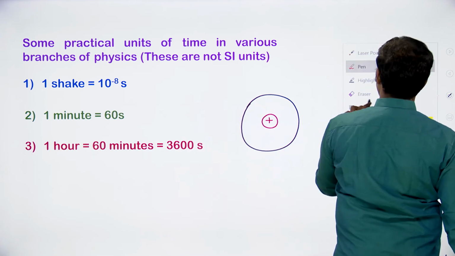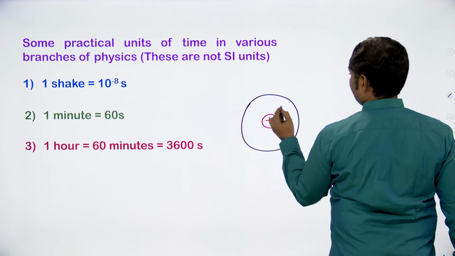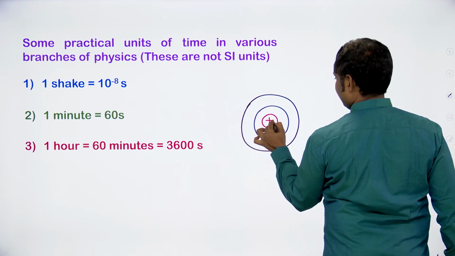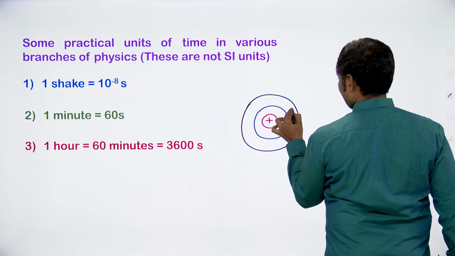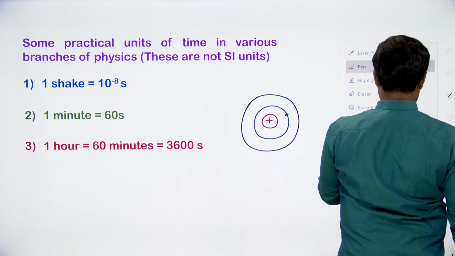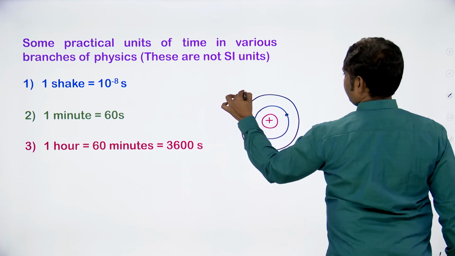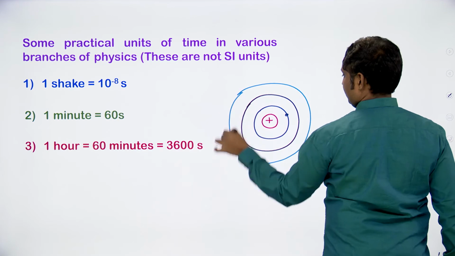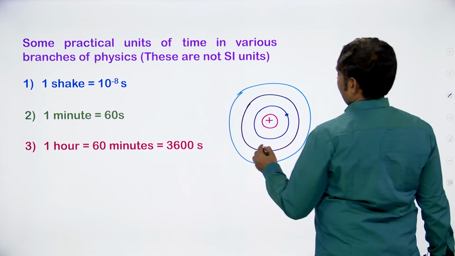Here is orbit one, and the electrons are going around. It is easy for the representation.